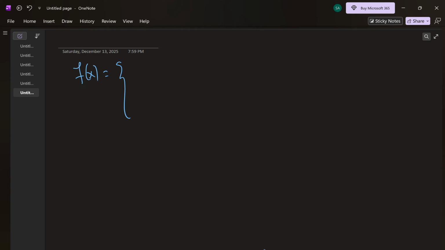minus 2 sine x if x is less than or equal to minus p over 2.